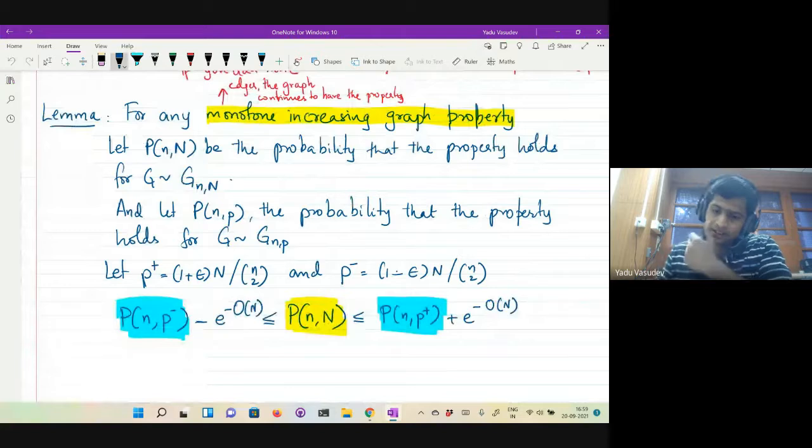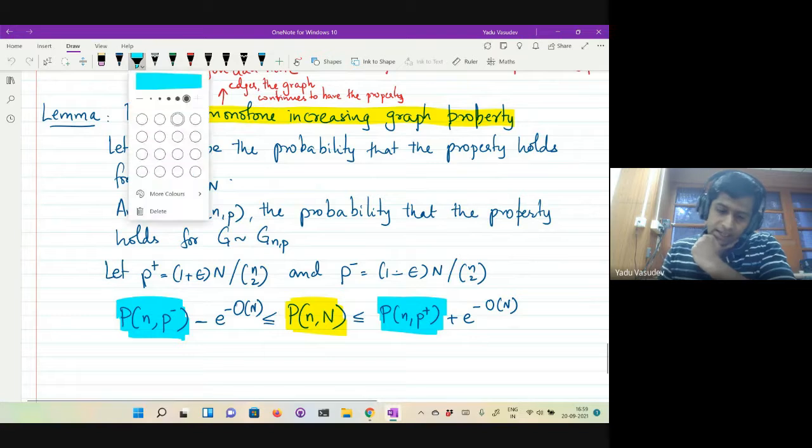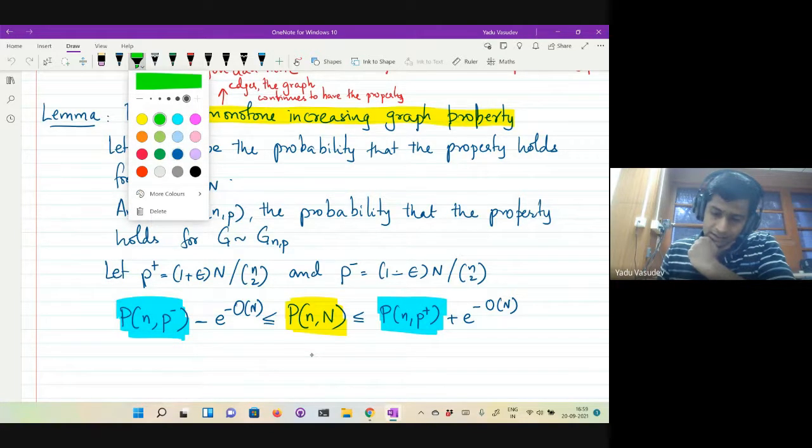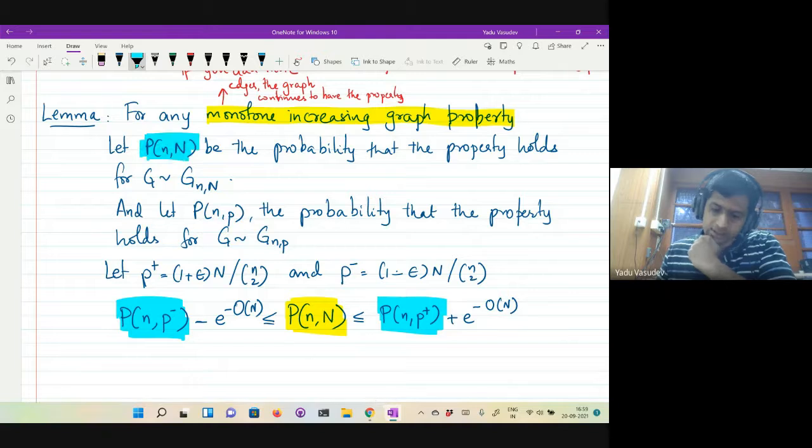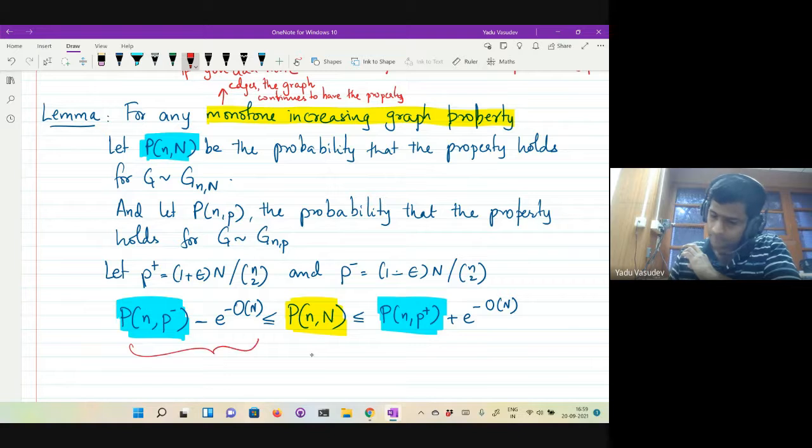What it says is that if you take any monotone increasing graph property and look at P_N, this is the probability that if you pick a graph from G(n, N), that's a graph with n vertices and capital N edges, then the probability that the property holds lies sandwiched between these two quantities, where this is the corresponding probability when G is an Erdős-Rényi graph.